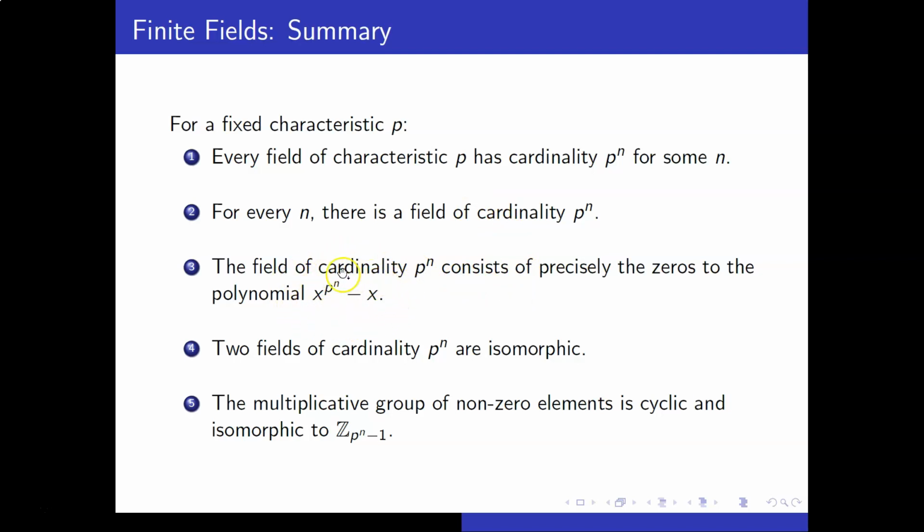They are precisely the zeros of this polynomial. If I have any two of those, they are isomorphic. And I know that the non-zero elements form a cyclic group isomorphic to Z mod p to the n minus 1. It has to be cyclic of size 1 less than p to the n.